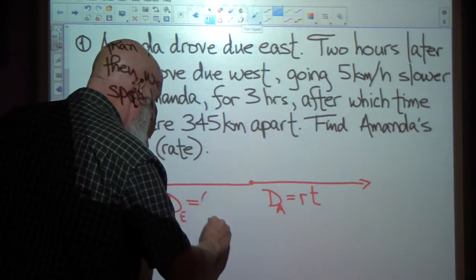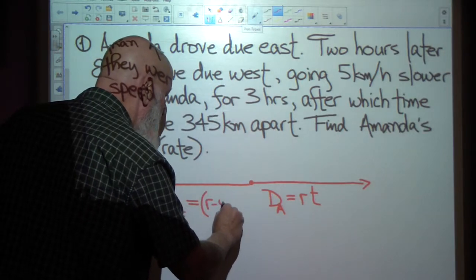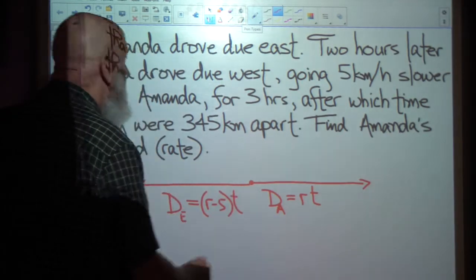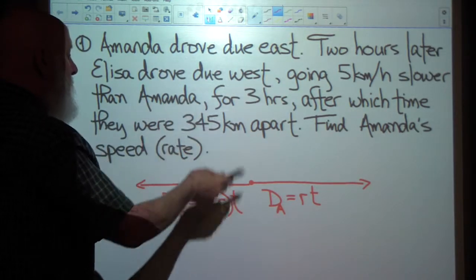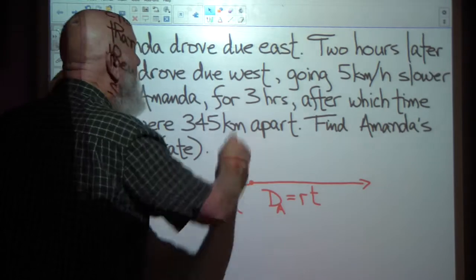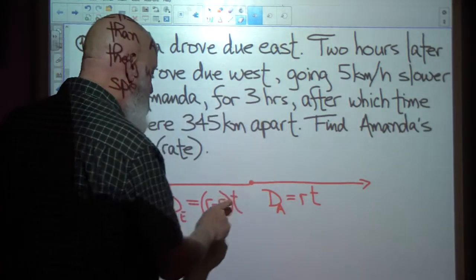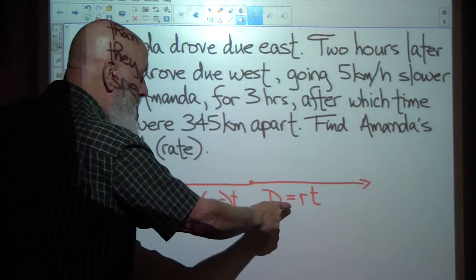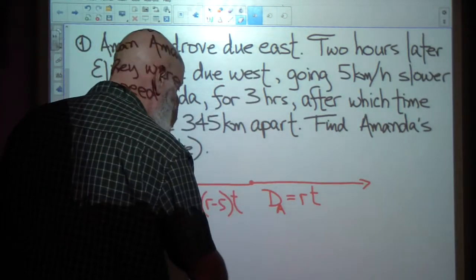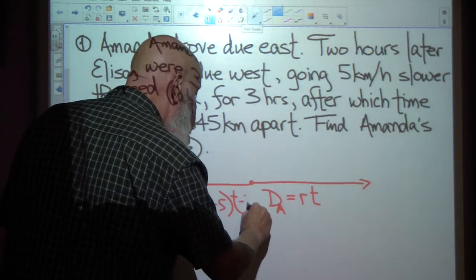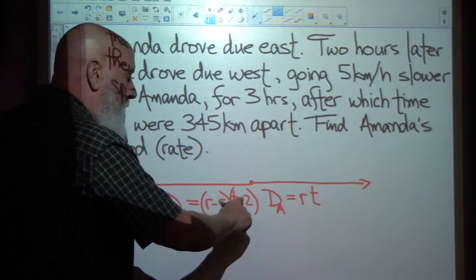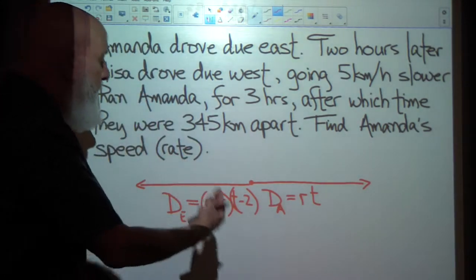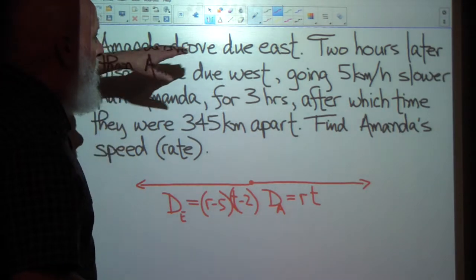R minus 5 in parentheses times T. So 2 hours later, so the time is different also. If she left 2 hours after Amanda, then her time will be time minus 2 hours. So if Amanda drove for 10 hours, she drove for 8 hours, so forth and so on. So we've got an algebraic representation that we're working on here.